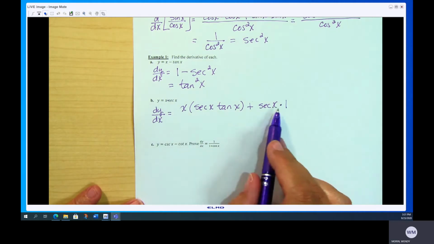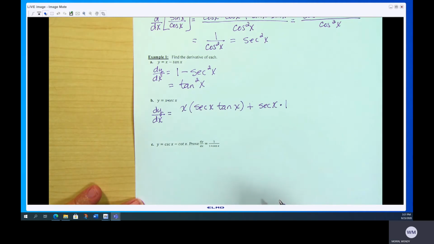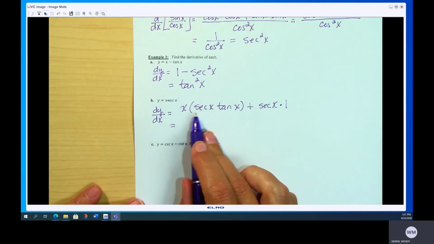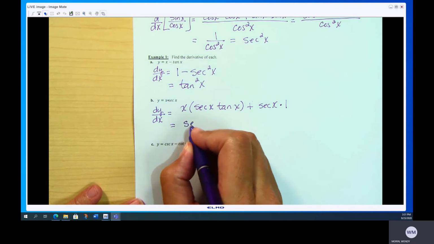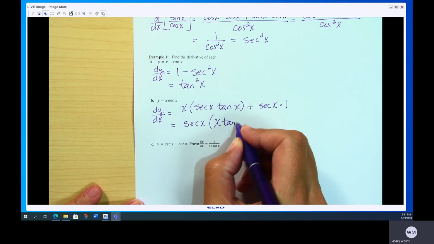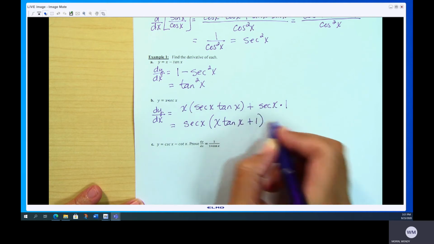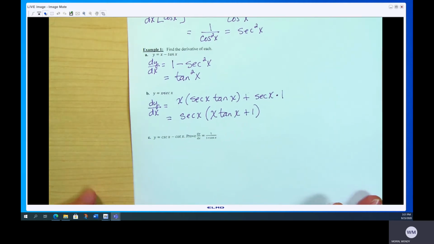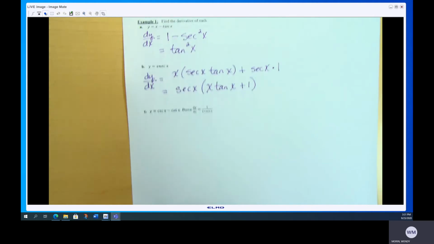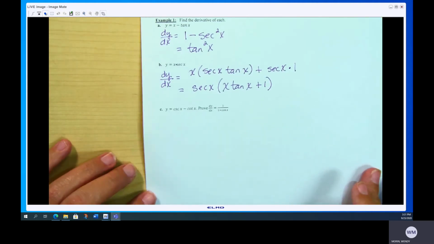So we can simplify that. Again, check the multiple choice answers to see how far you can simplify it. I'm just going to pull out a secant x and leave it as x tan x plus 1. If that wasn't one of the multiple choices, you would have to continue to simplify until you get one of their choices.